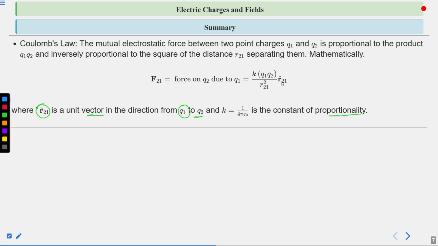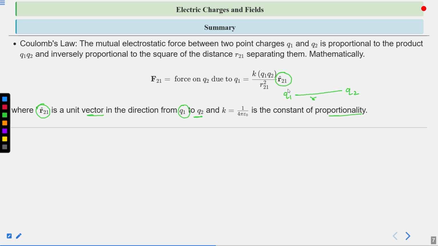Here is one question for you: r cap 21, what is the meaning of this term? You know, yes or no? Suppose we have two point charges Q1 and Q2 and both are positive.